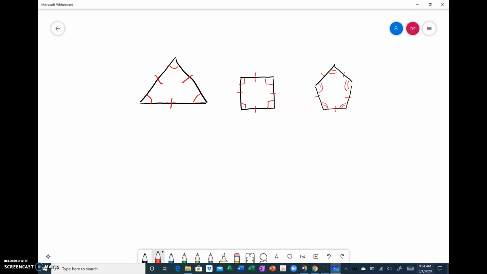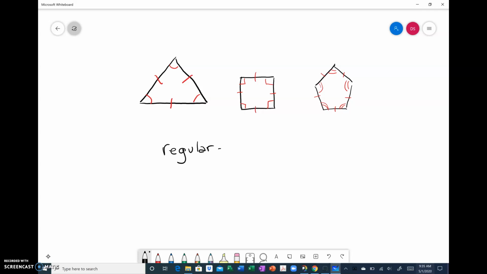Okay, now what does that mean? A regular polygon is defined as a polygon where all sides are equal in length and all angles are equal in measure.